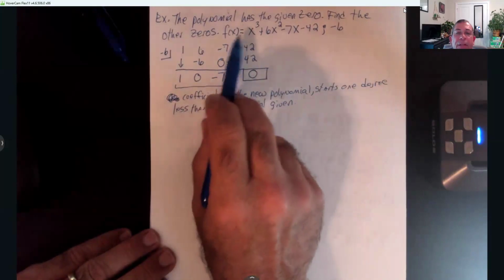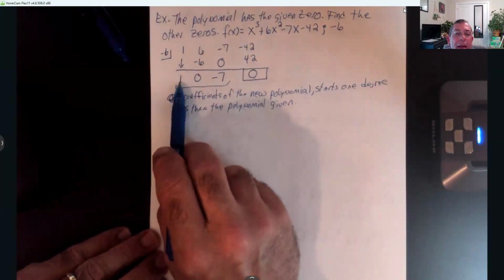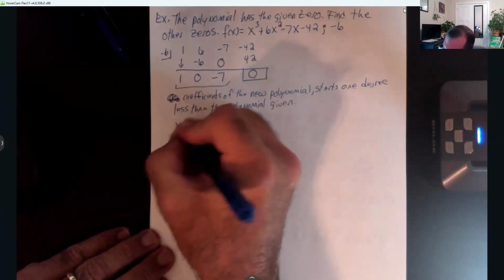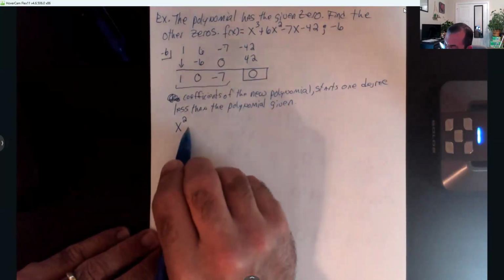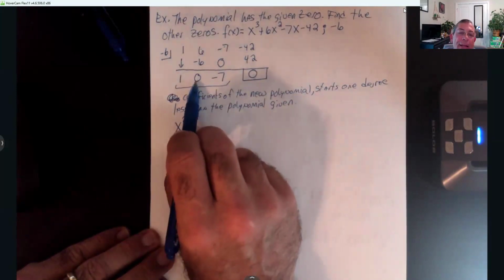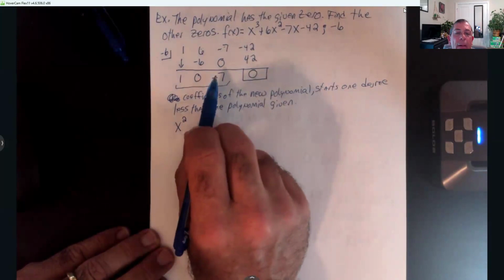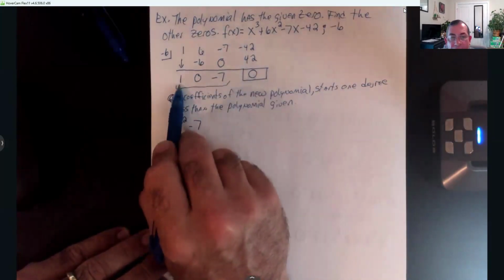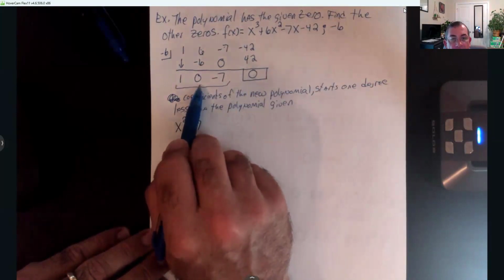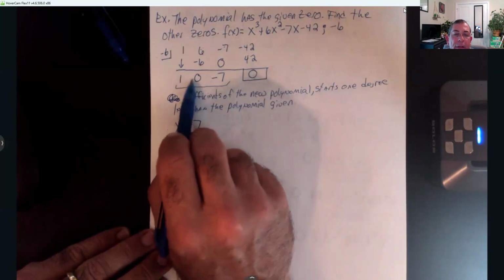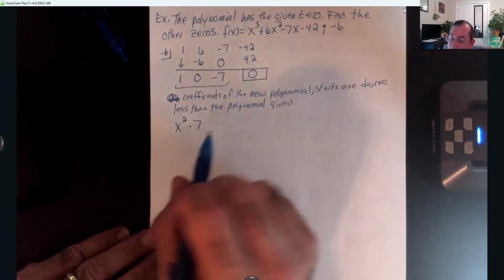So what that means, if this was an x to the third, that means that this starts as 1x squared. So we got 1x squared plus 0 x's, so I don't have to write that because that's 0 x's, minus 7. So this is the x squared term, the x term, and the number. But since I had a 0 here, I didn't have to write that x.